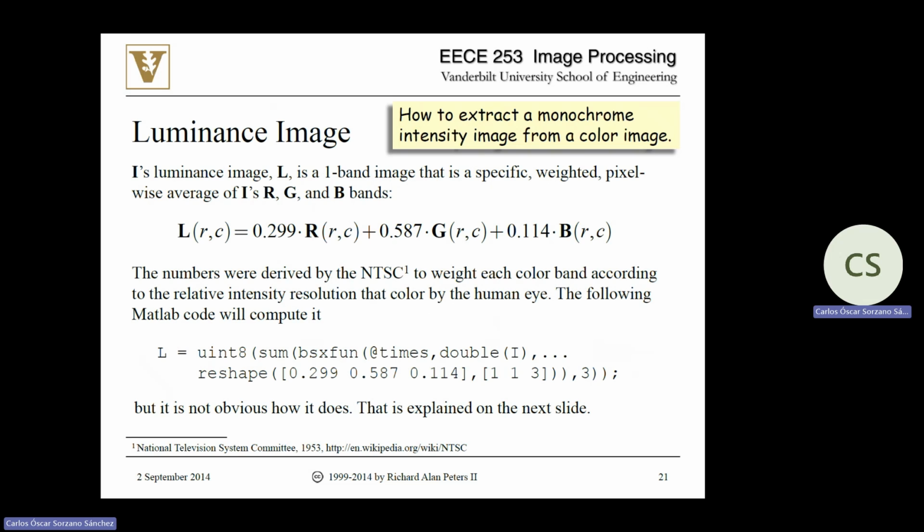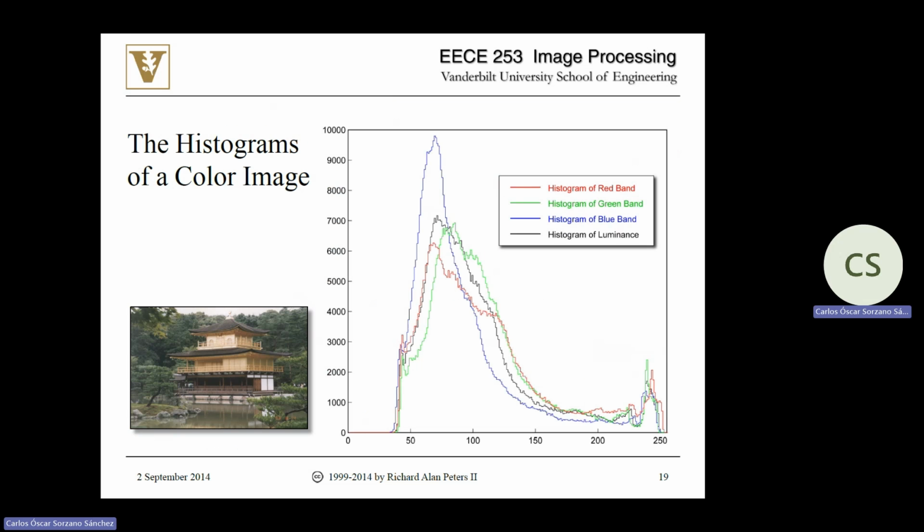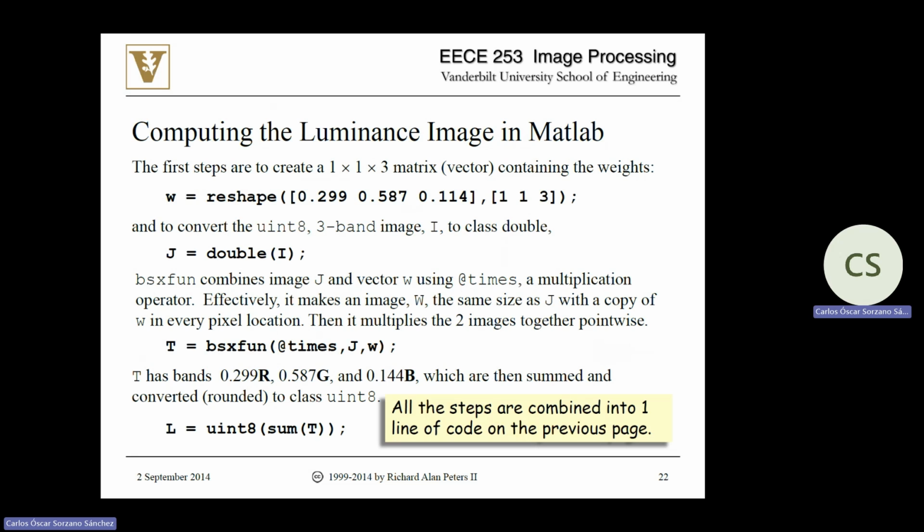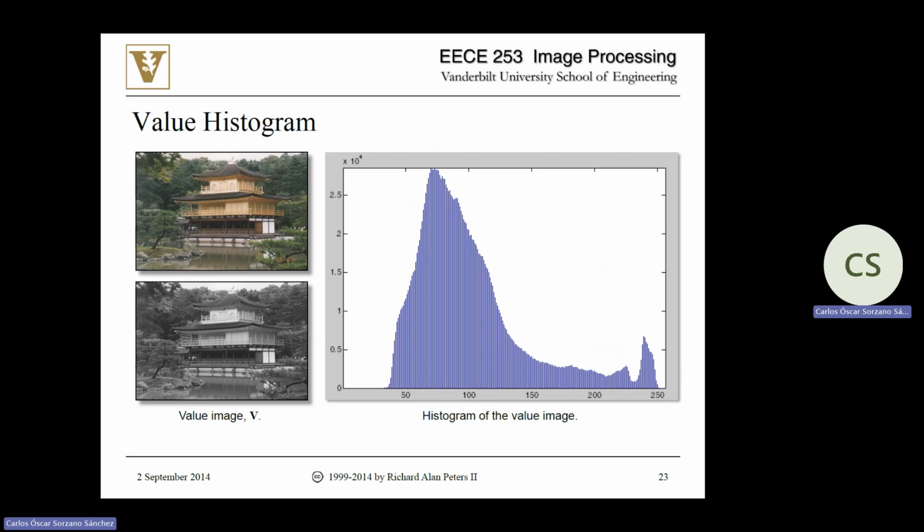So this is the way luminance is defined, and once you know how to construct grayscale images, you can compute the histogram of that luminance image. It will be a grayscale version of this image. And he's making some comment here. This is how to compute this in MATLAB.